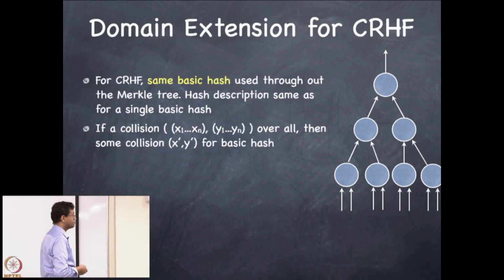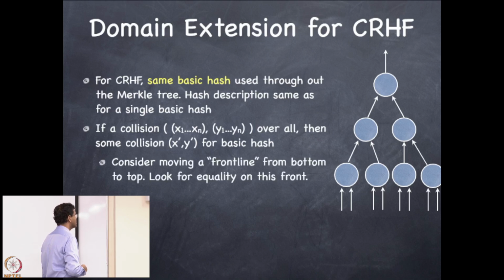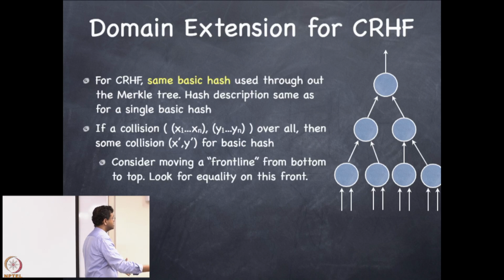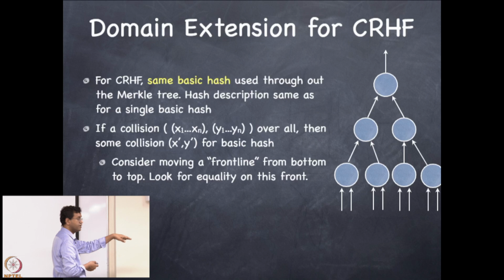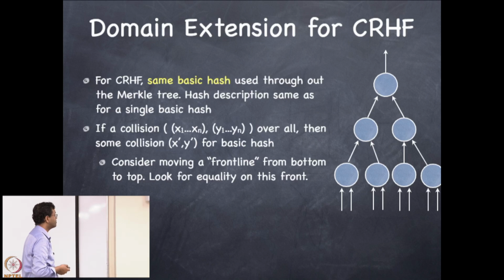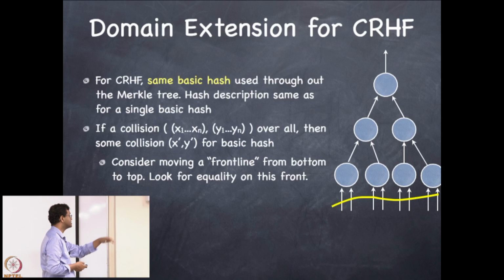I'm going to find a collision for the basic hash, a single node. Here's what I'll do. I'll write down this entire computation in this tree, and on every edge I write down the value of that block. Initially, I draw a front line or a cut in this tree.